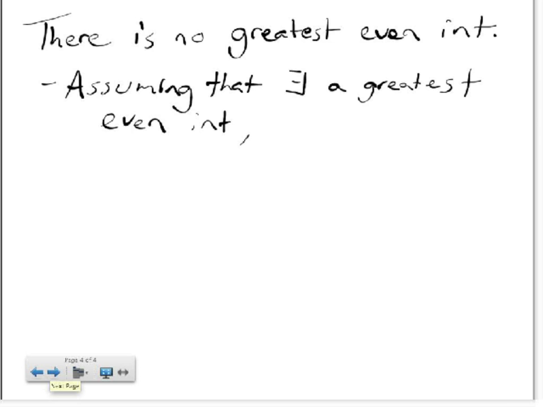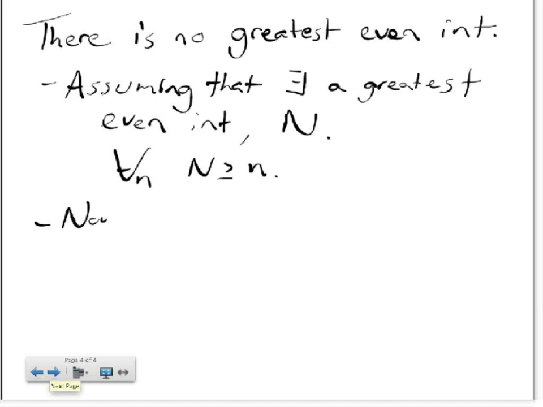And let's call this greatest integer capital N. So then we have that for all even integers n, capital N is greater than or equal to lowercase n.